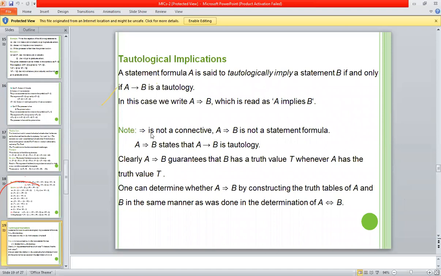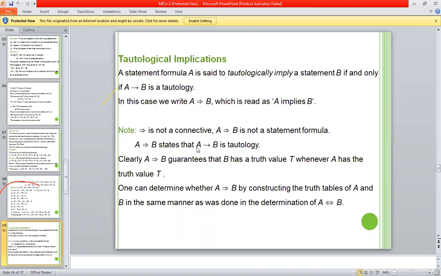So implication is not a connective. A implication B is not a statement formula. A implies B states that A implication B is a tautology. In the given formula, the relation is like this.